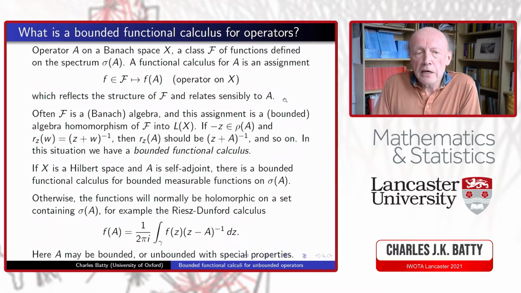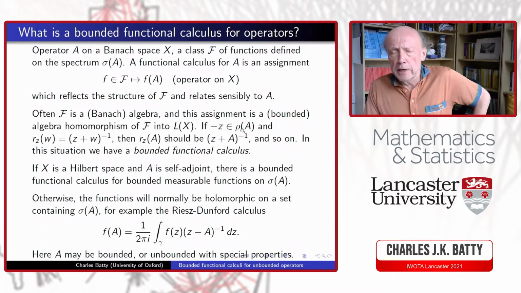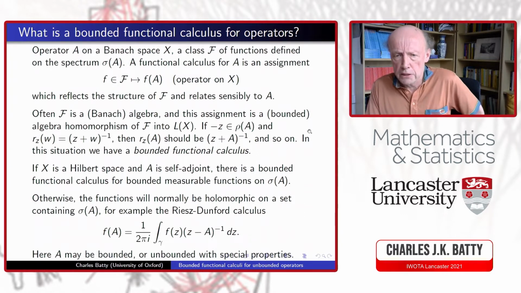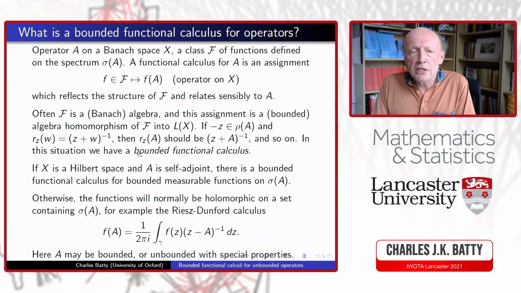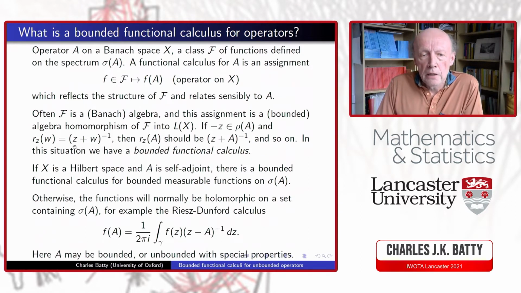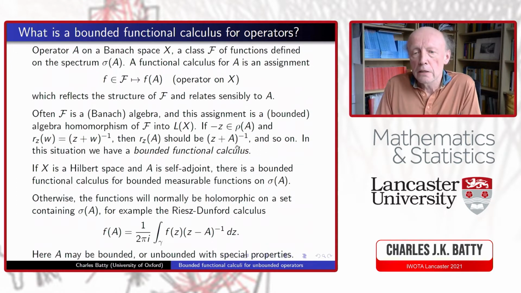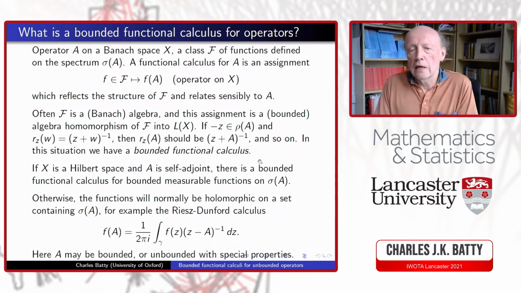And the assignment is a bounded algebra homomorphism from that Banach algebra into L(X), the space of bounded linear operators from X to X. And it should relate sensibly to A in the sense that if you look at the function R_z(w) equals (z plus w) to the minus 1, then R_z(A) should be equal to the operator (z plus A) to the minus 1, and so on. And so when we have all this structure, with F as a Banach algebra and a bounded algebra homomorphism, that's what is meant by having a bounded functional calculus for the operator A.